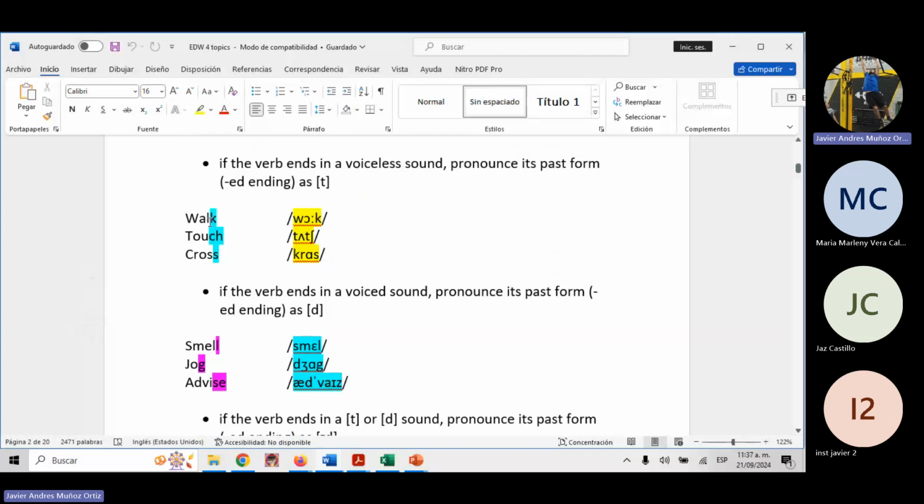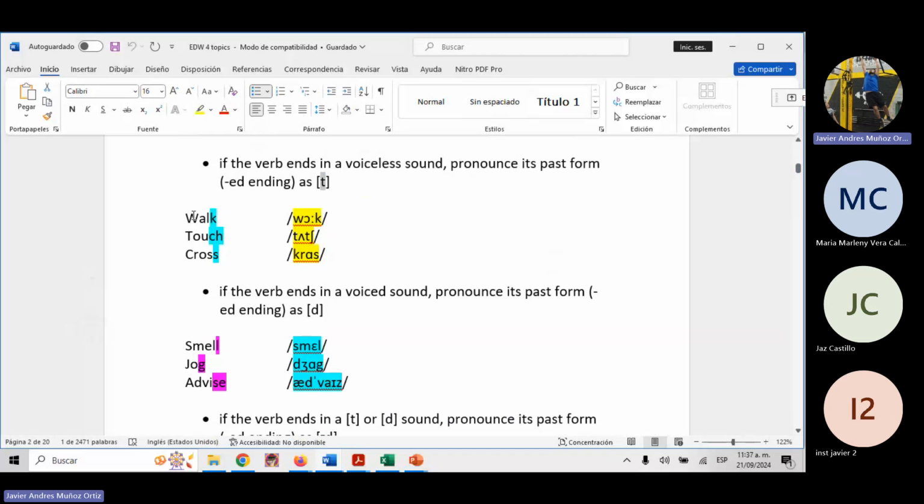So in this case, the T sound doesn't generate vibration. So we are going to relate this sound with another voiceless sound, I mean, with another sound that generates no vibration. In this case, walk.